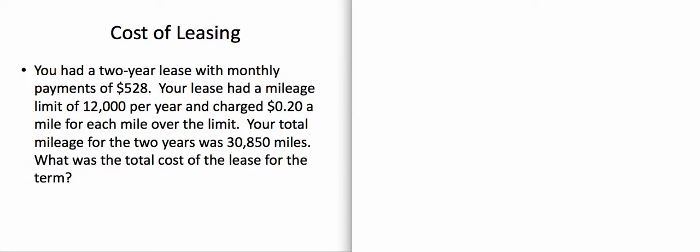So you have a 2-year lease with monthly payments of $528. A 2-year lease means we have it for 24 months. We're going to multiply that by 528 to get our first part, and that gives us $12,672 in lease payments.